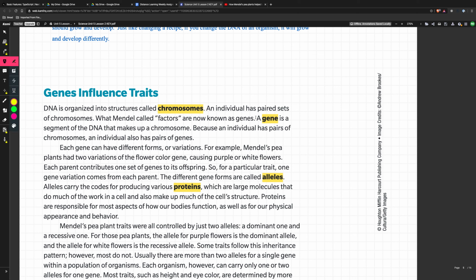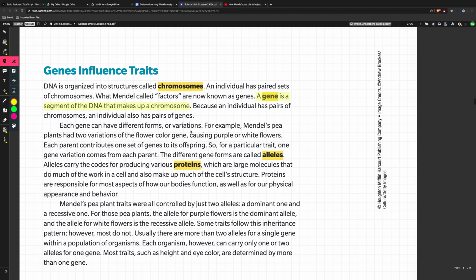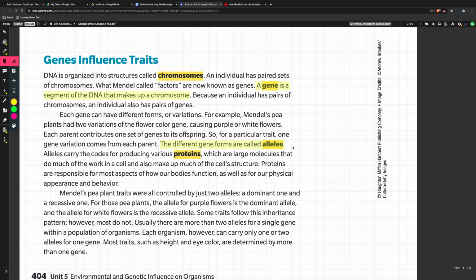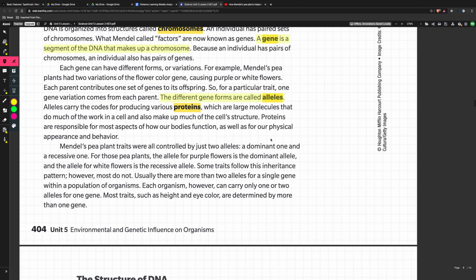A gene is a segment of the DNA that makes up a chromosome. And then we have different gene forms called alleles. So alleles are like a small part of the gene, and they carry these proteins, and the proteins are these little building blocks that tell you what the allele is.